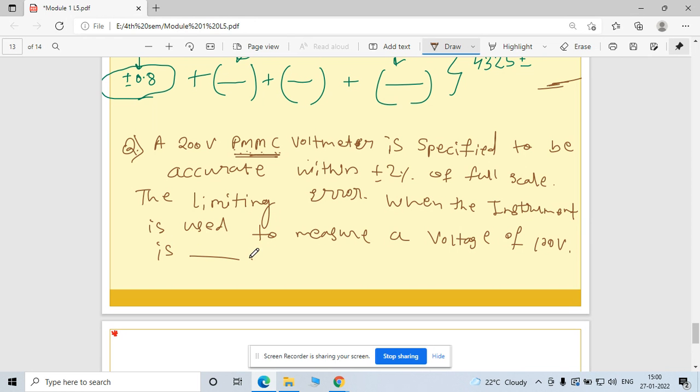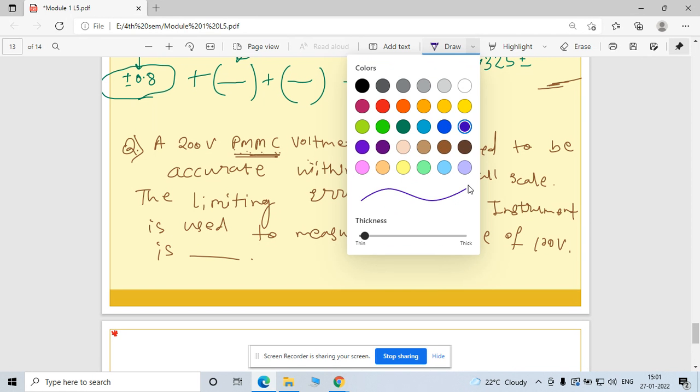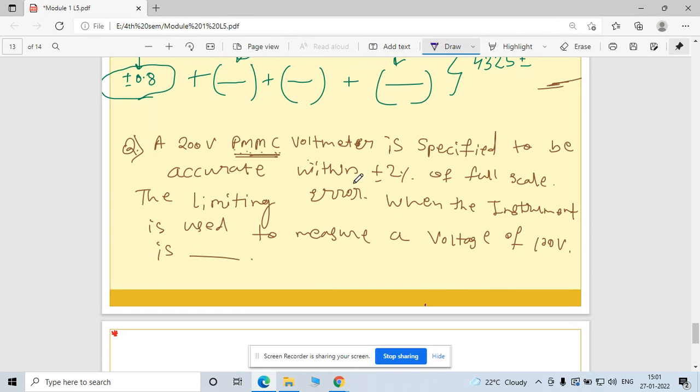Now see, a 200 volt PMMC voltmeter is specified to be accurate within plus minus 2% of full scale. Now this error is with respect to your full scale reading, so I can say this is your guaranteed accuracy error. So you need to find the limiting error when the instrument is used to measure a voltage of 100 volt.